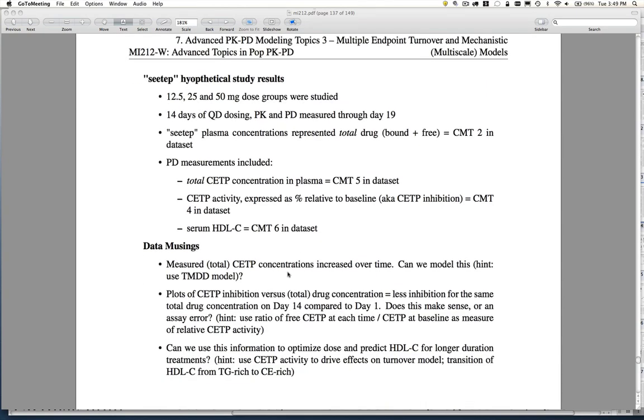So if you have 100% of the CETP bound, you're going to have 100% inhibition. So your amount in compartment 4 is going to be 100. If you have no CETP bound, then CETP activity is going to be, or your inhibition is going to be, 0.